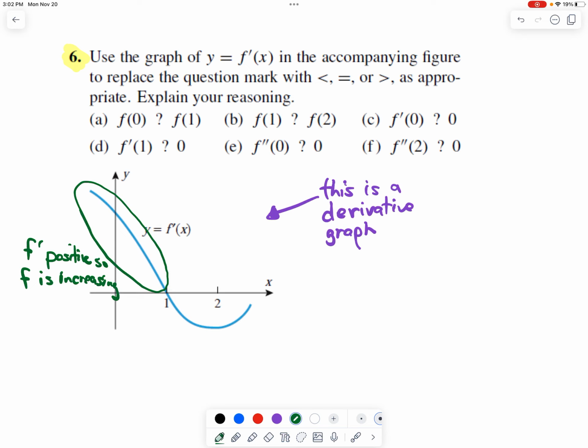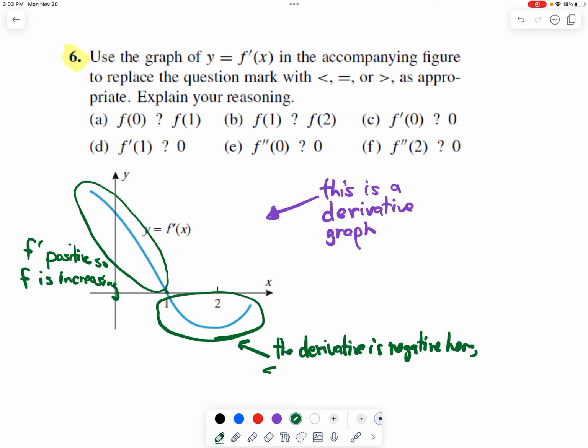That is until we get to this point 1, at which point the derivative is negative. So in this interval the derivative is negative, and that means f, the original, is decreasing.